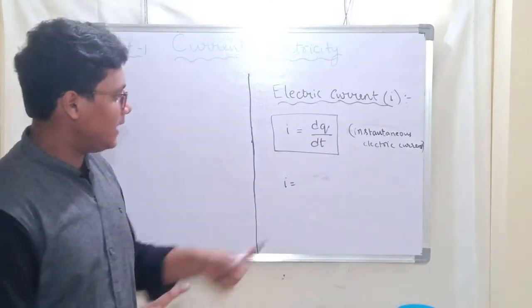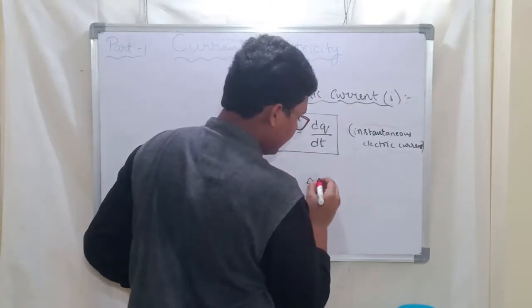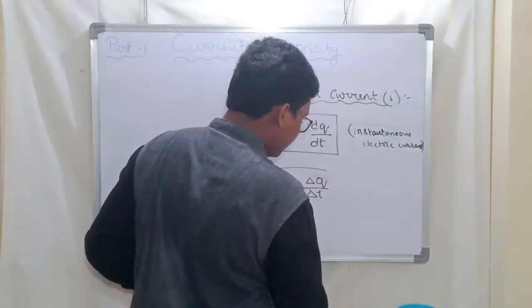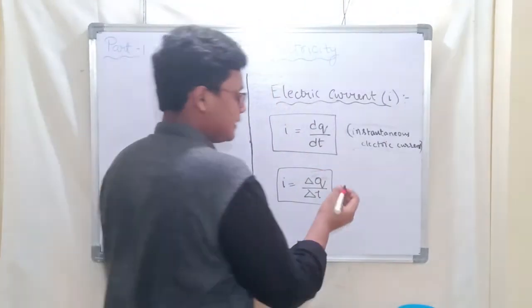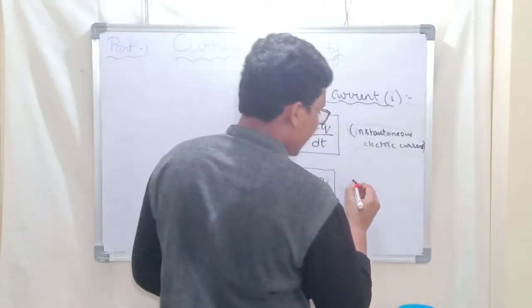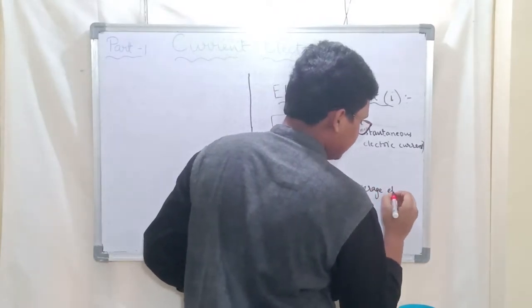But average current is delta q by delta t over a normal interval of time, like from 1 second to 2 seconds. It is the average electric current.